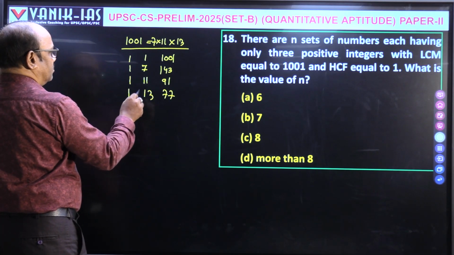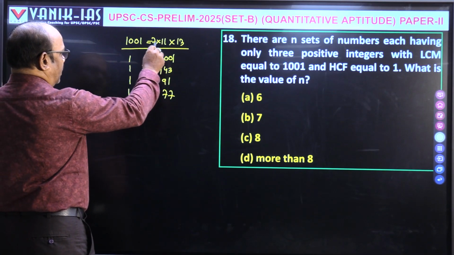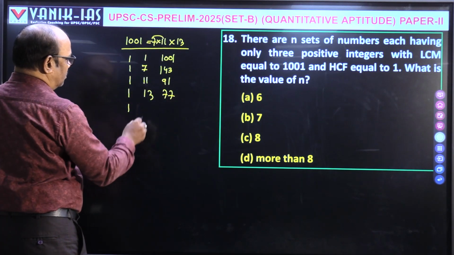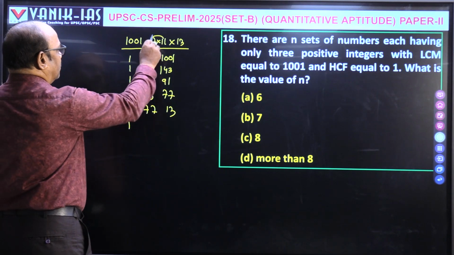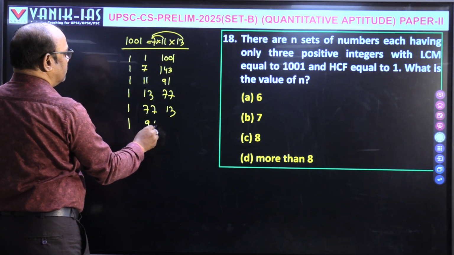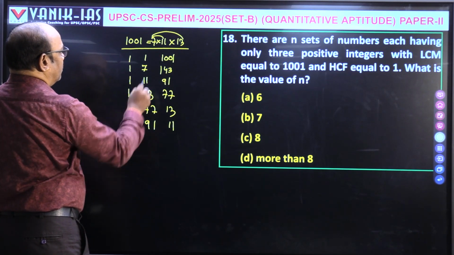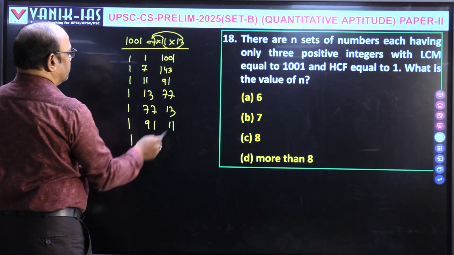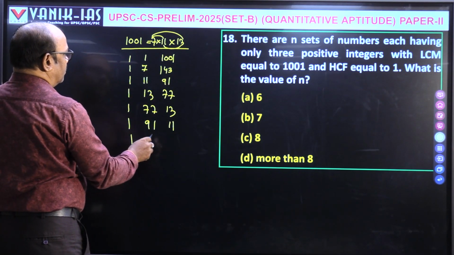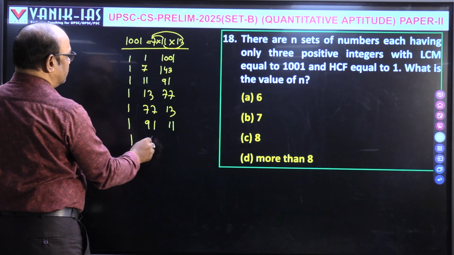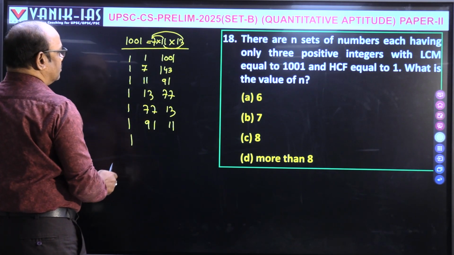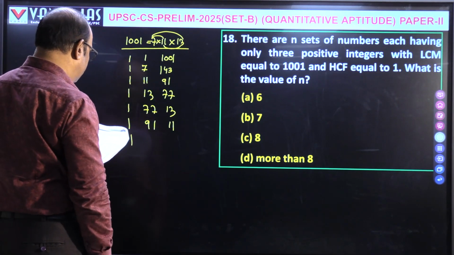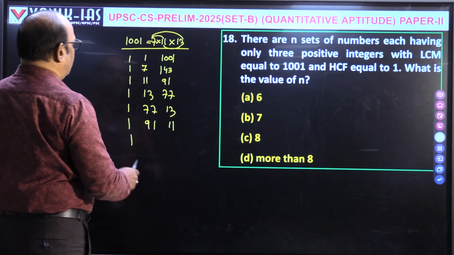Similarly, you can take two numbers: 77, 13, 1; 91, 11, 1; and 143 and 7.